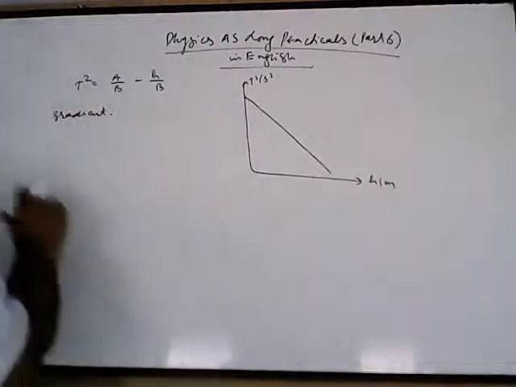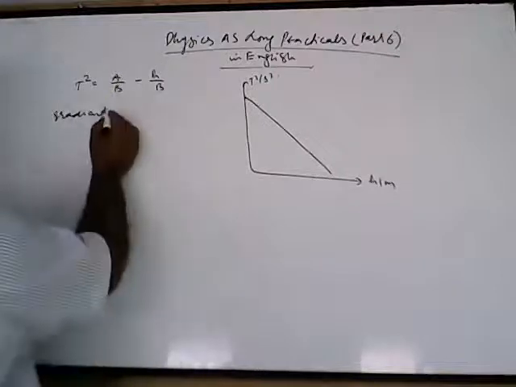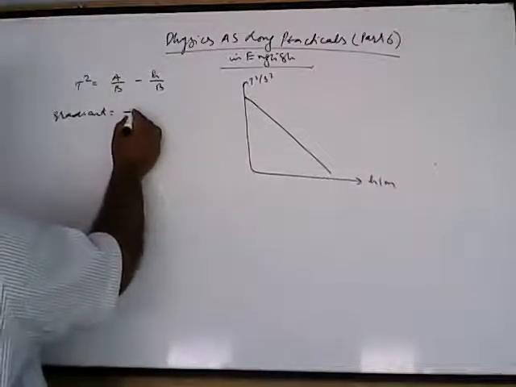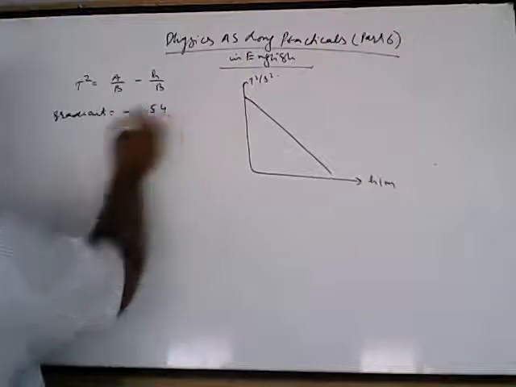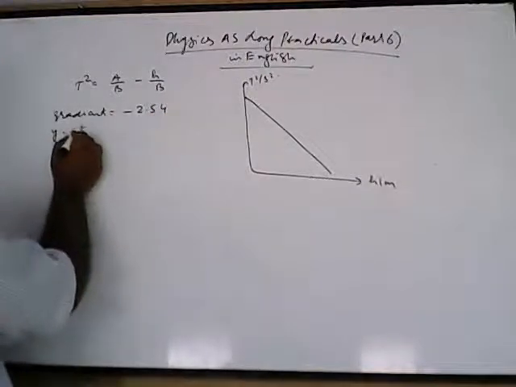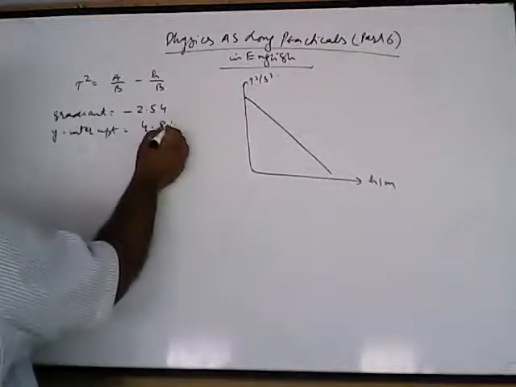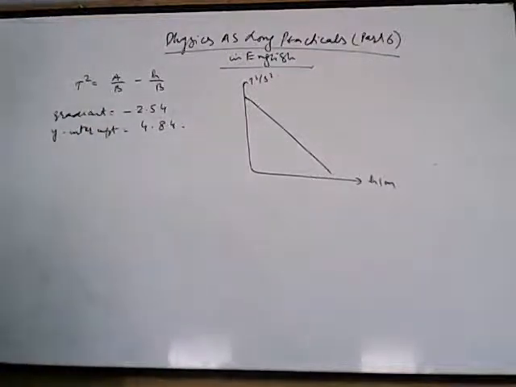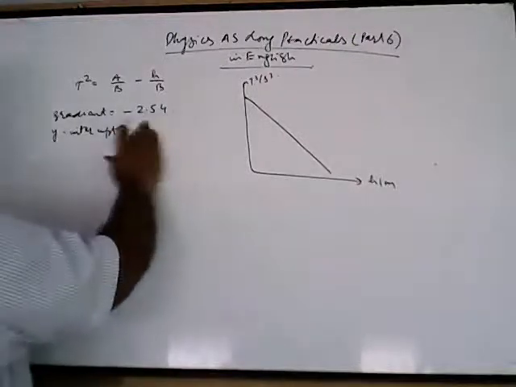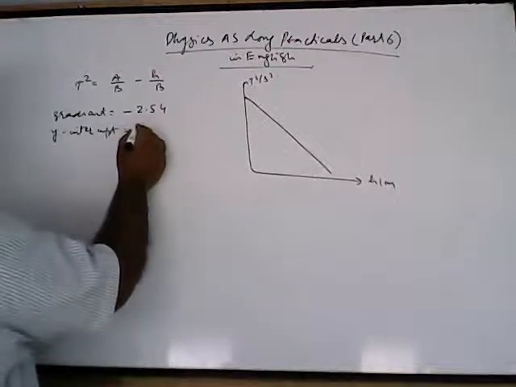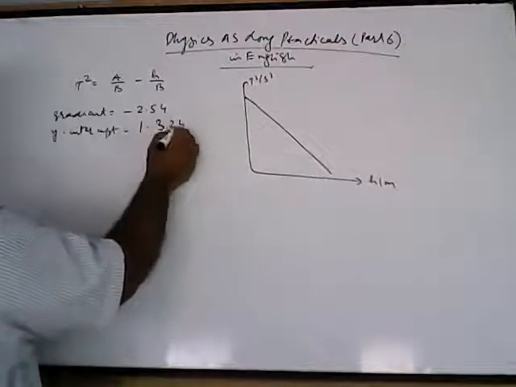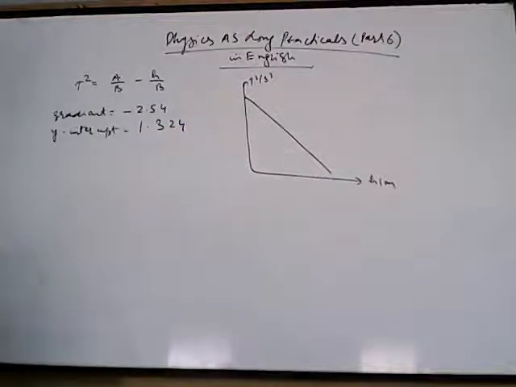Suppose the gradient you are finding is minus 2.54 and the y-intercept you are finding as suppose 1.324. Now these are just some values, these are just fake values. I just want to make you understand how the calculations are being done.